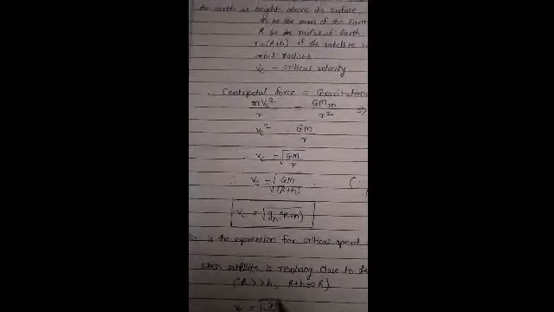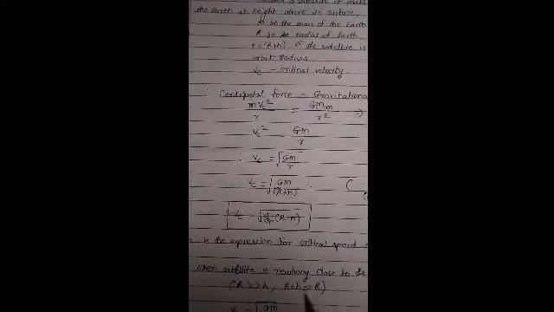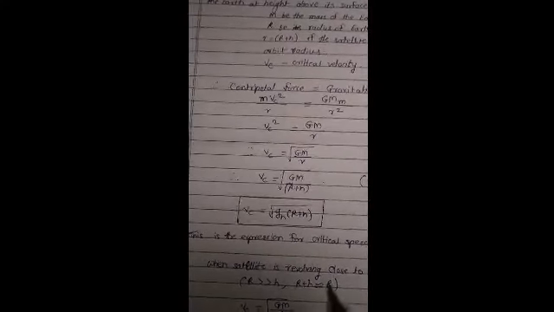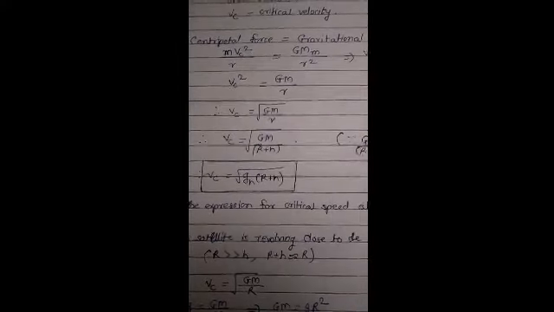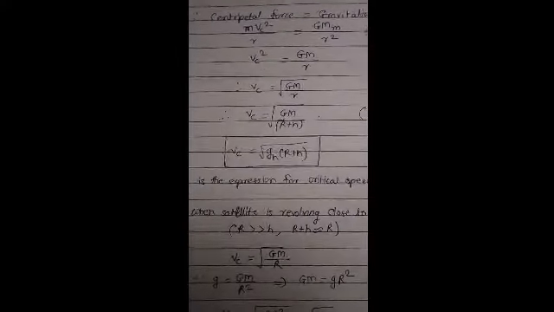When the satellite is revolving close to the surface of the Earth, then R is much greater than h. So R plus h is nearly equal to R, the radius of the Earth. So we get Vc is equal to square root of GM upon R. Therefore g is equal to GM upon R square, and GM is equal to g R square.